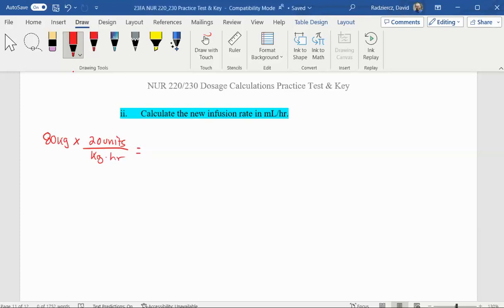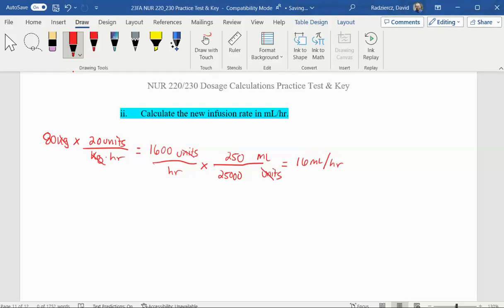And this time we're going to get 1,600 units per hour. Then I make my conversion. I don't want units, I want milliliters. There's 25,000 units in 250 milliliters, and I'm going to get 16 milliliters per hour.